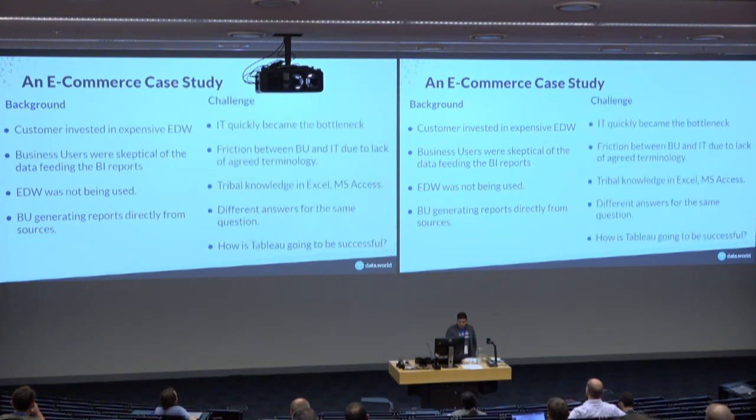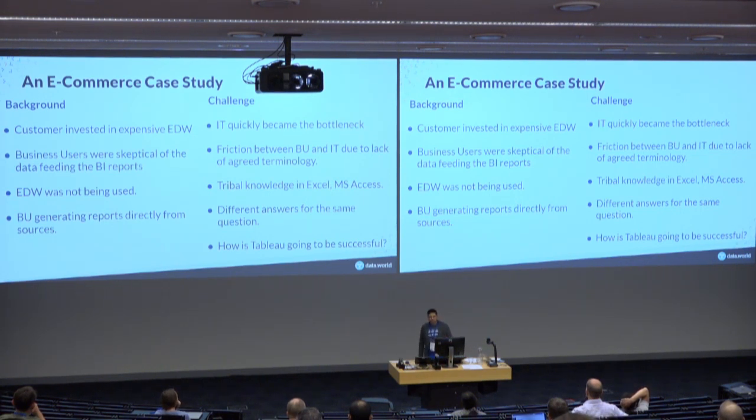Because the business users were talking to IT all the time, they were completely bottlenecked. And then you had this big friction between business users and the IT folks. What's the terminology? What does this mean? So much time was being wasted trying to understand.